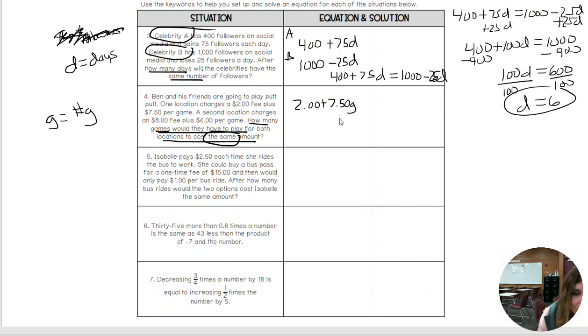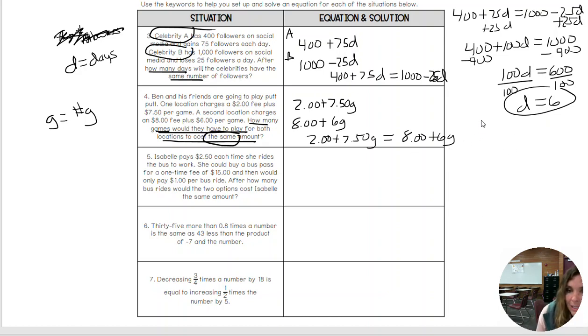At the second location, it's an $8 fee, and it is $6 per game. And we want to know when these two are equal to each other. So we do $2 plus $7.50 per game. We set that equal to $8 plus $6 a game, and now we solve.